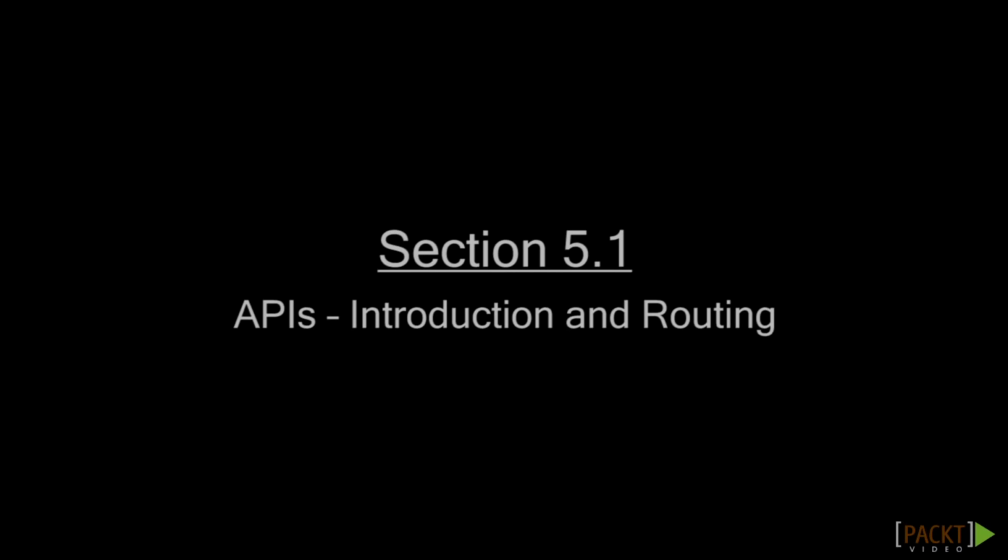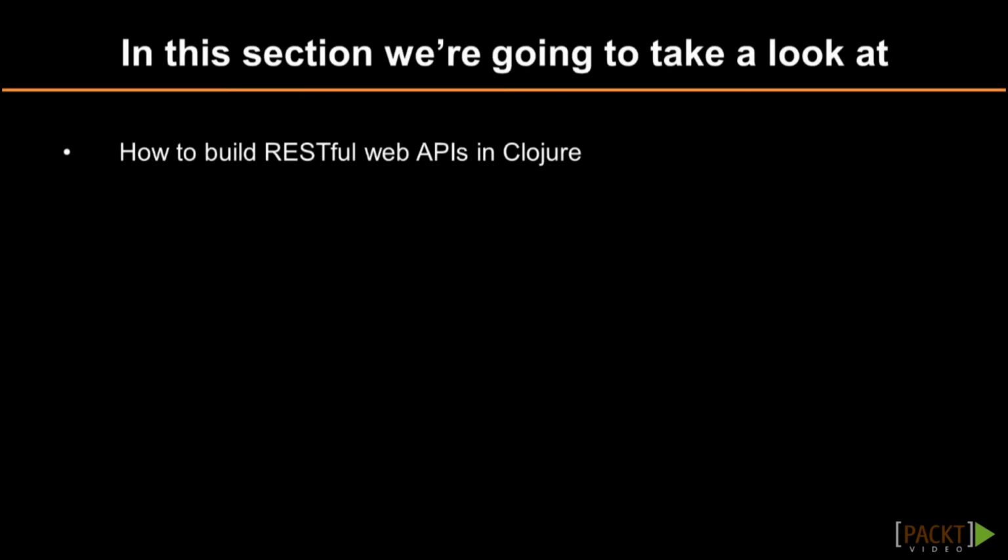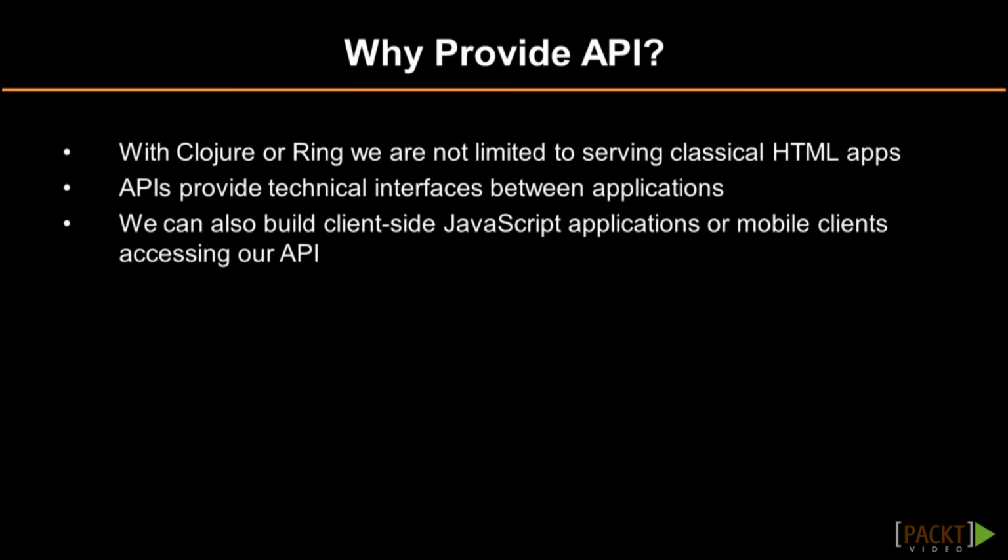In this section, we'll learn how to build RESTful web APIs in Clojure. In previous sections, we have covered the basic tools needed to build a standard HTML-based application. But HTTP is used not only for serving HTML or static content, it can also be used to build modern APIs.